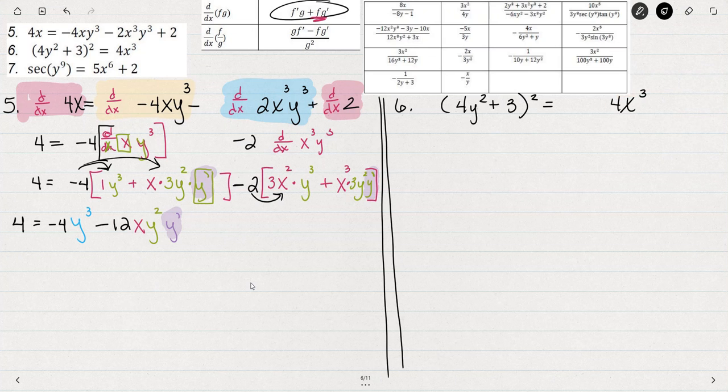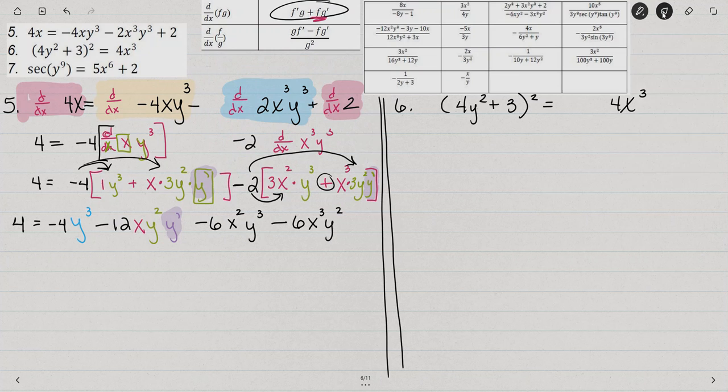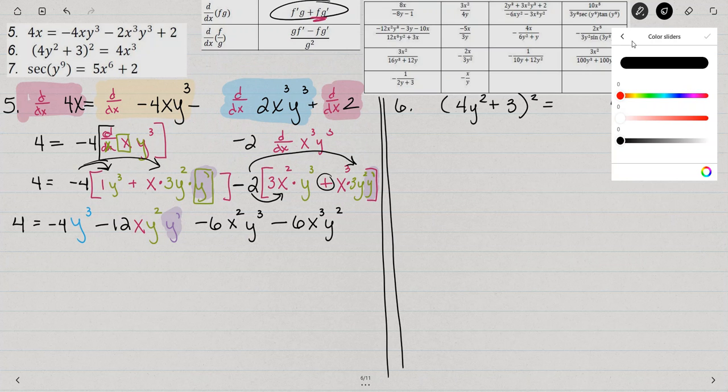Negative 2 times 3x squared y cubed is going to be negative 6 x squared y cubed, plus negative 2 times 3 gives me minus 6 x cubed y squared, and then we've got our y prime.